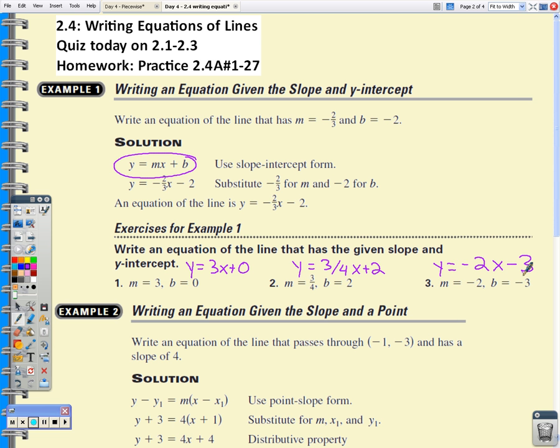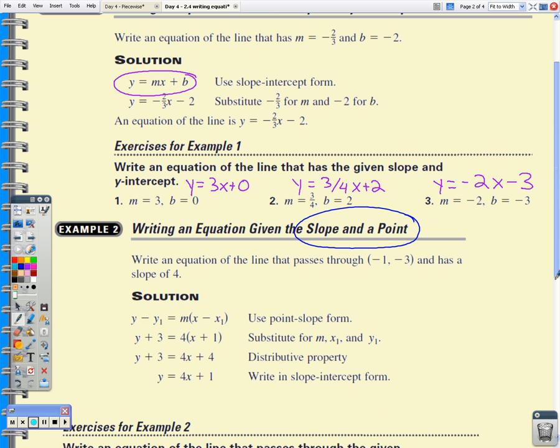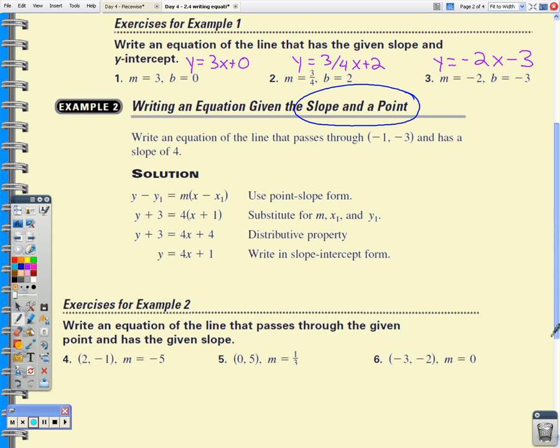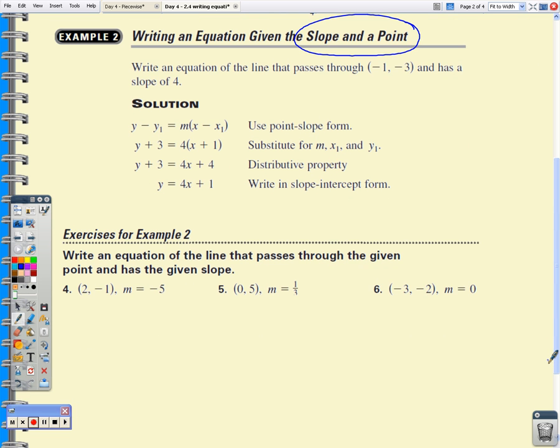Now, it becomes a little more difficult if we have a point and a slope. If we have a point and a slope, we're going to use a different equation: y minus y1 equals m times x minus x1.